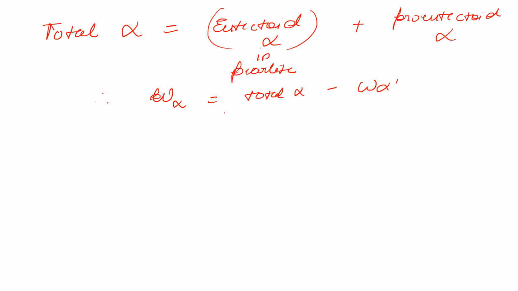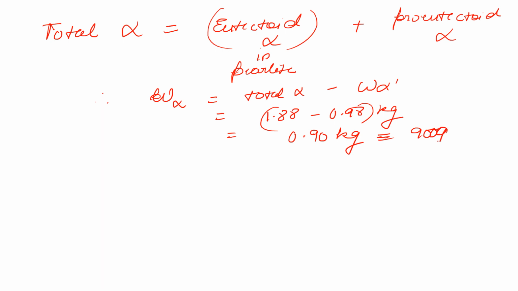Total alpha we have been given as 1.88 kilograms, alpha prime we have calculated as 0.98 kilograms. That should be 0.9 kilograms, or 900 grams of eutectoid alpha in the alloy.